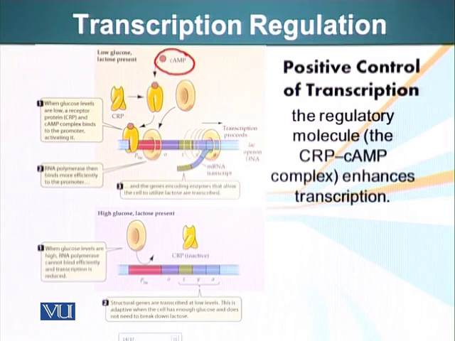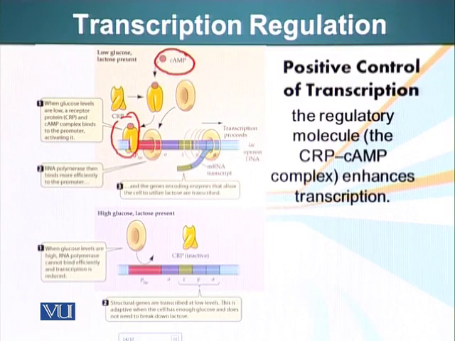When cyclic AMP binds it, this complex, rather than binding the operator, binds the promoter, and it facilitates the docking of RNA polymerase at this site, resulting in production of the structural genes, which are the same genes which we saw in the lac operon. So this is what happens when glucose is low and lactose is abundant.